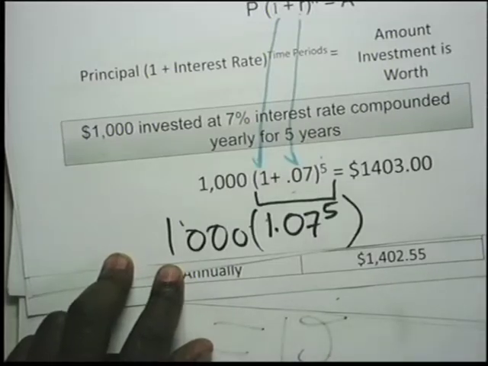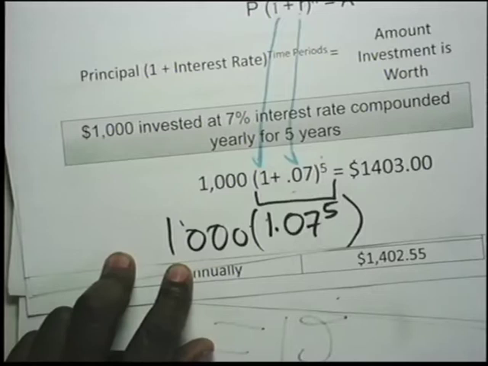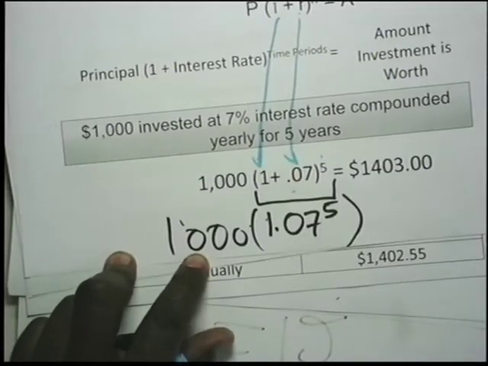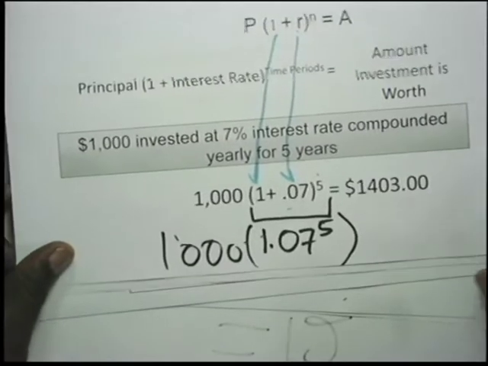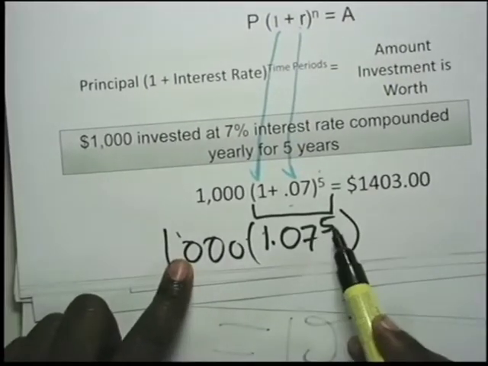That is the worth of this investment. If you deposit your amount in a bank account that yields an interest rate of 7% per annum, and you invest it for a period of 5 years, it means this 1,000 will grow to 1,403. That is after how long? After 5 years.